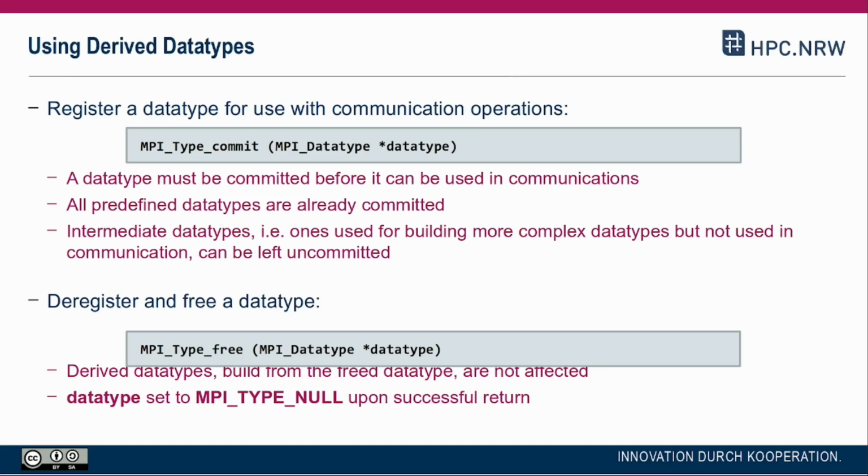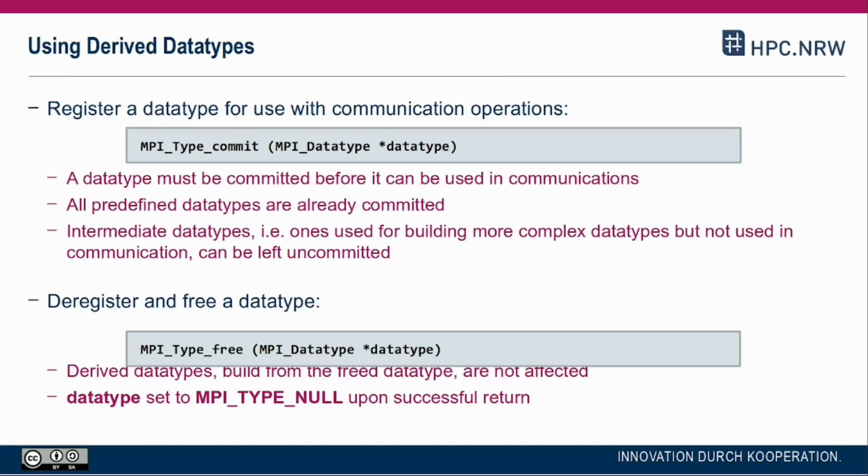You don't need to commit every type, only the ones that you want to use in a transfer or in file IO later on. So if you construct intermediate types, you only have to commit the last one that you are actually going to use. And regardless of whether it is committed or not, you have to free the data type because you created this, so it's your responsibility to free this.